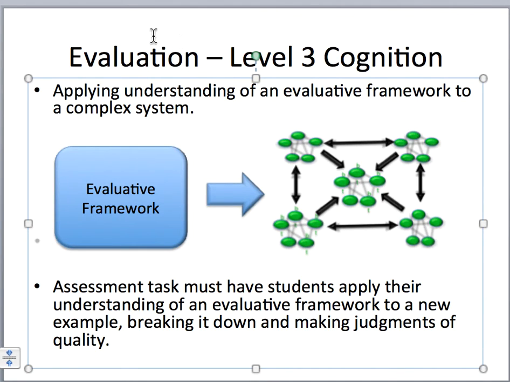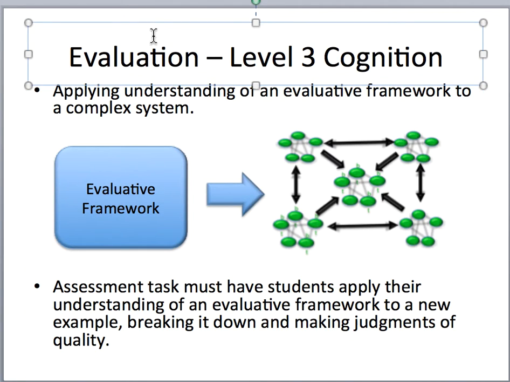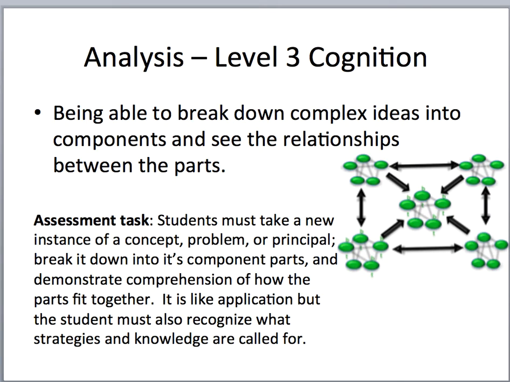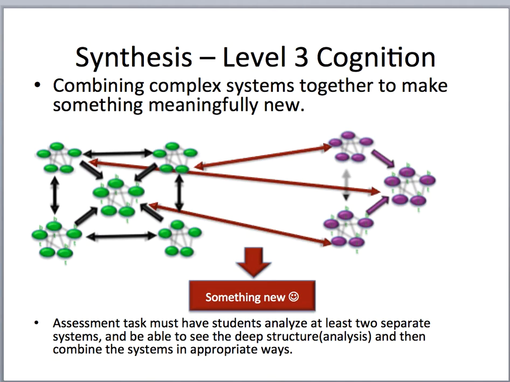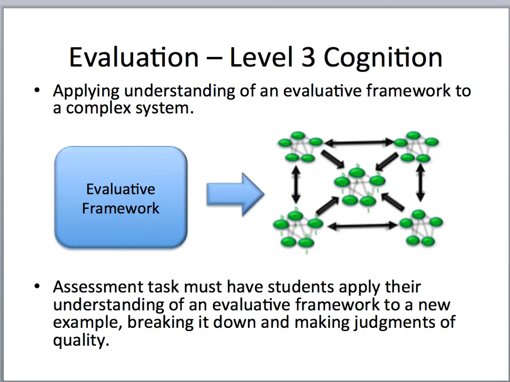So what we will be doing going forward is I want you to take a stab at coming up with an overall goal that is either analysis, focusing on the deep structure of something, a synthesis thing where they have to have two different deep structures and combine them into something meaningful and be successful, or an evaluation task where you have to teach them this evaluative framework and then have them apply it to the deep structure of something.